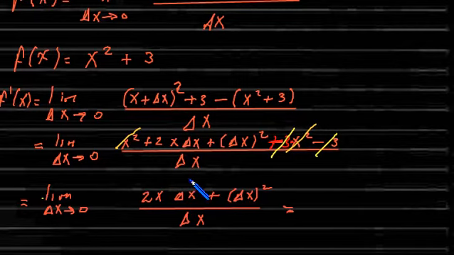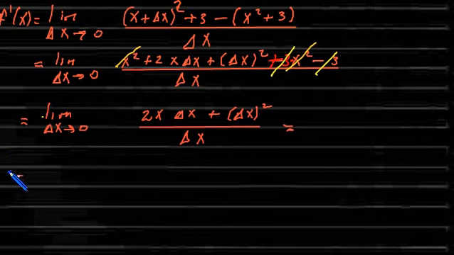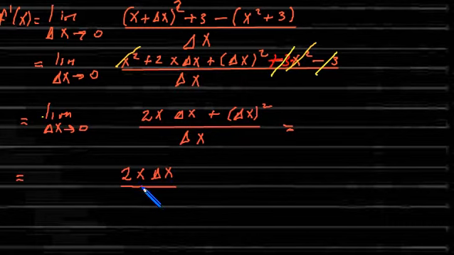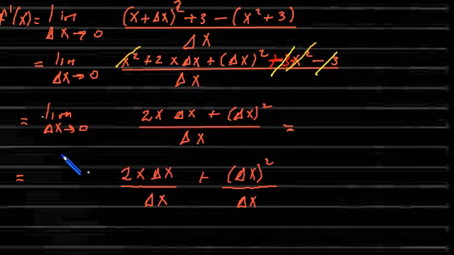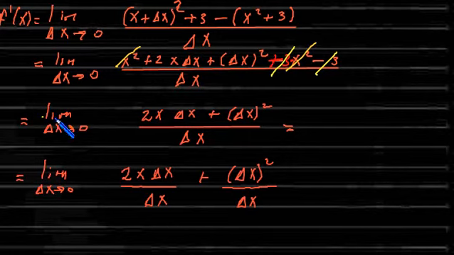So I'm going to split this up. I'm taking the limit of 2x delta x divided by delta x, plus delta x squared divided by delta x, as delta x approaches 0.